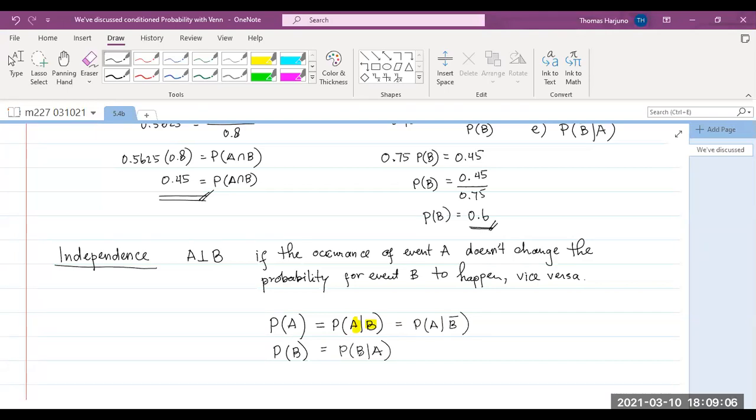Yes. Well, what if you know that Thomas does not teach statistics? Will you still come to West LA College? Yes. So you see the independence there, right? The event that you come to West LA College does not have anything to do with whether Thomas teaches statistics there or not.